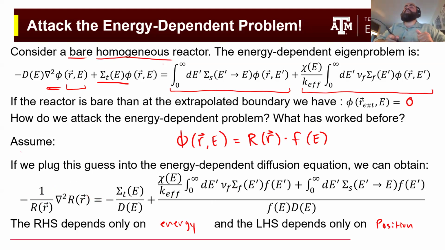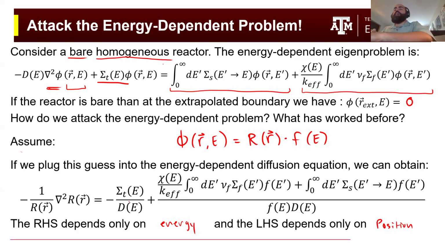And if we're changing the position R, and the right-hand side of the equation is not changing, that means that the left-hand side can't be changing either, because it's an equal sign. The left-hand side and the right-hand side are equal. I can make a similar argument with the energy. I could only vary the energy, evaluating this at different values of E, and as I change the energy, the left-hand side isn't going to change because it only depends on position.